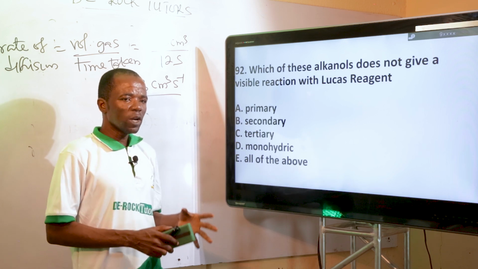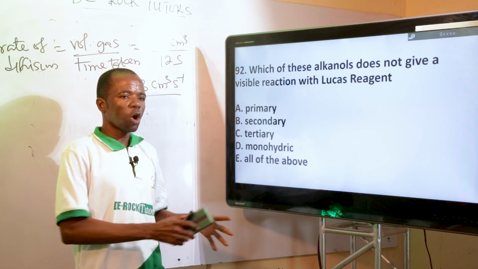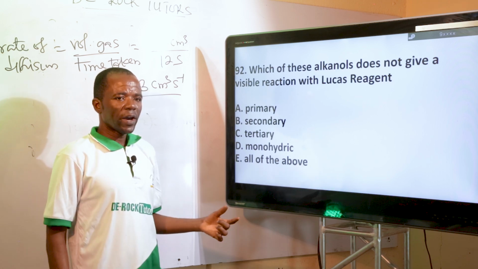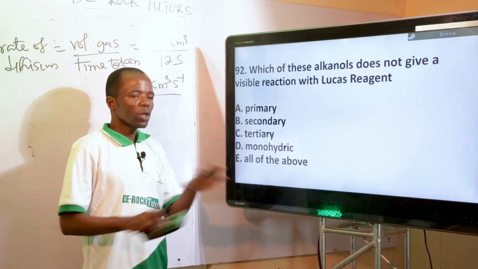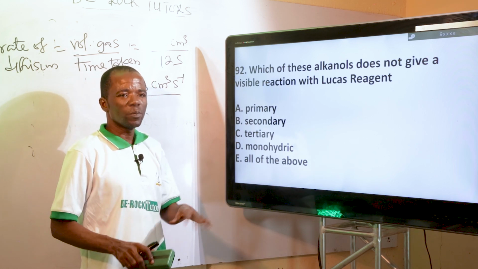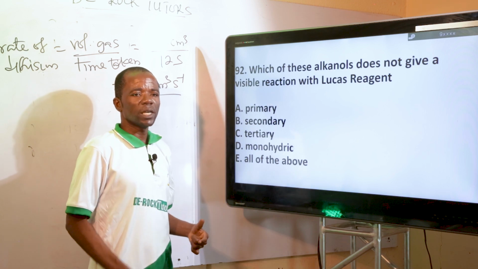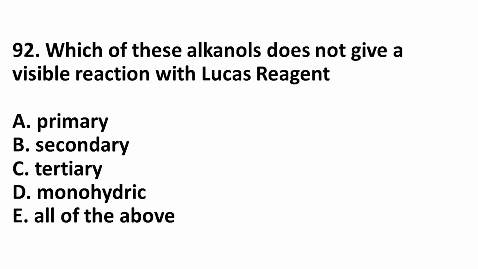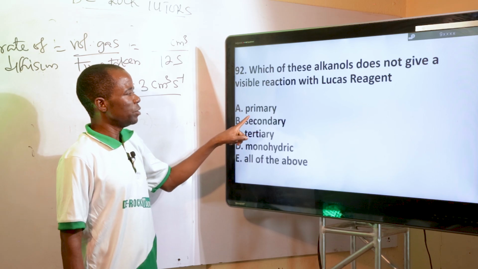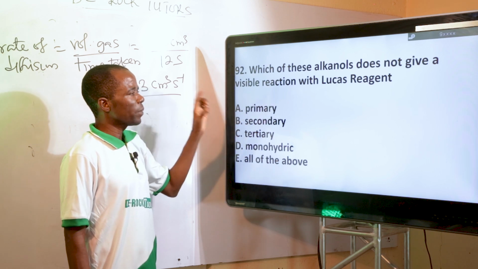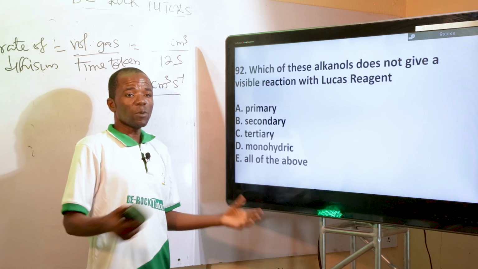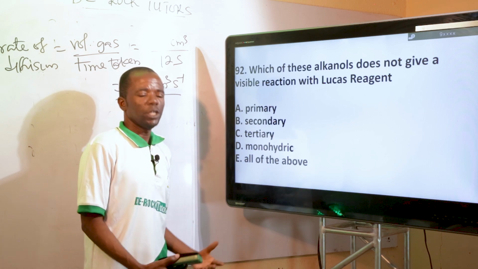You have to heat it for about 5 minutes before it becomes turbid. And finally, when you add Lucas reagent to a primary alkanol, nothing actually happens. It doesn't form turbidity even after you must have heated it. So the correct answer here is option A. Lucas reagent will not form any visible reaction with a primary alkanol. An example of a primary alkanol is ethanol.